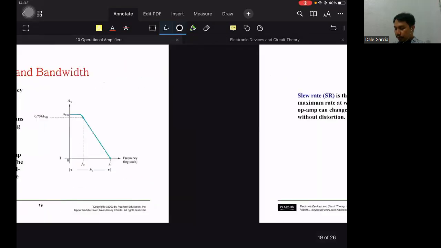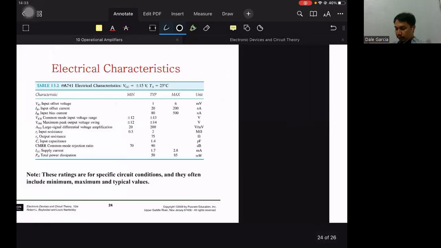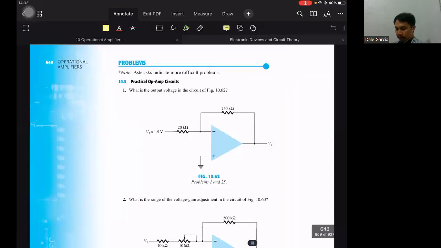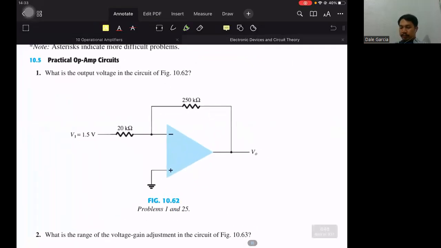So let's solve some examples of op-amp circuits. Example: find the output voltage in this circuit. First, the gain. It is inverting.